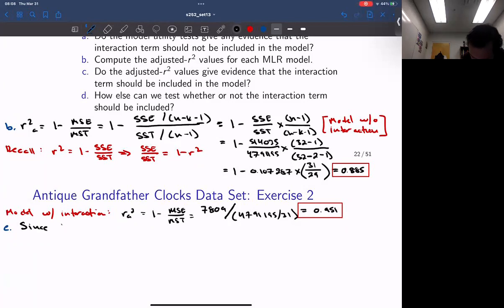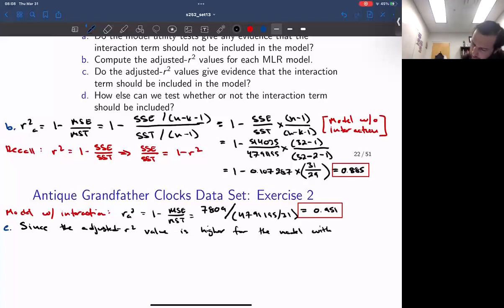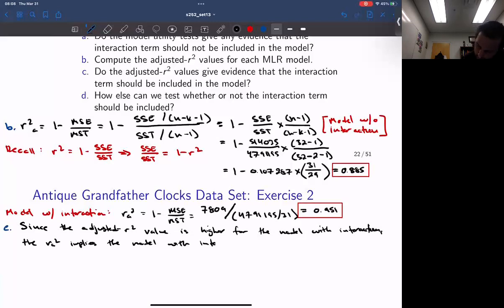So since the adjusted R squared value is higher for the model with interaction, the adjusted R squared implies the model with interaction is a better fit for the data.